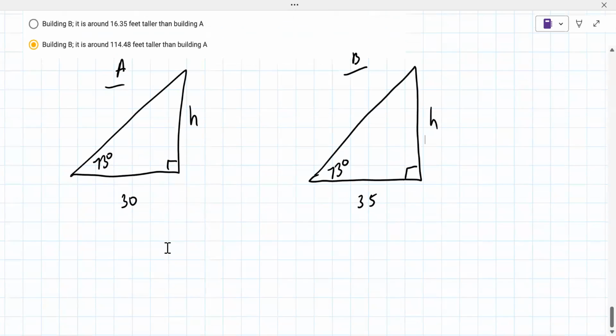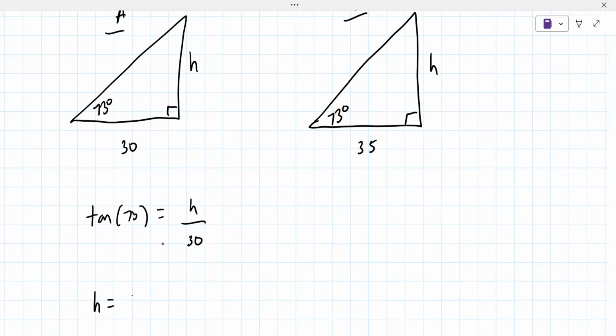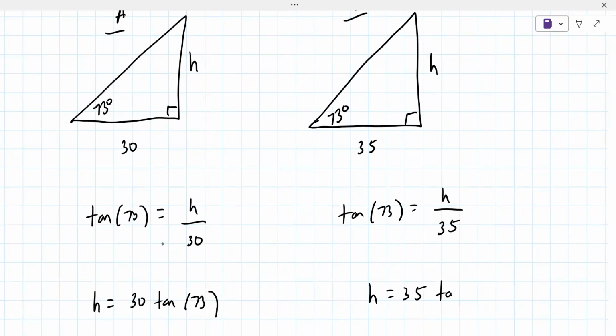The height on the first one: tangent of 73 equals h over 30. So we can solve for h. H is 30 tangent 73. On the right, same thing: tangent 73 equals h over 35. H equals 35 tangent 73.